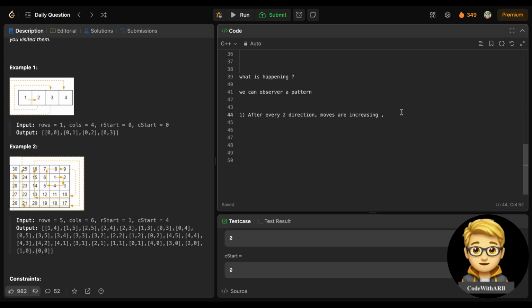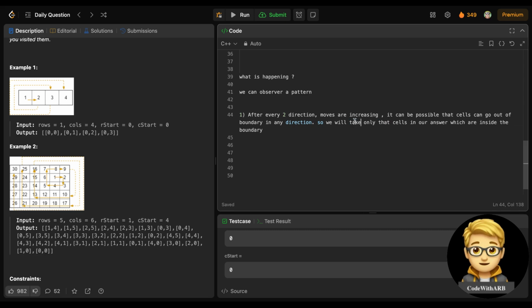And it is possible that cells can go out of boundary in any direction. So we will insert only those cells which are inside the boundary into our answer.